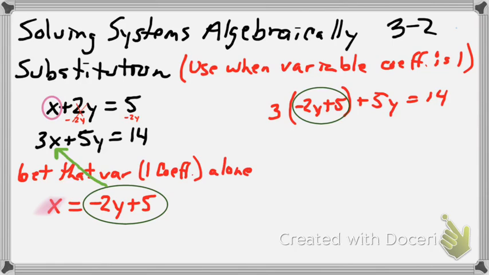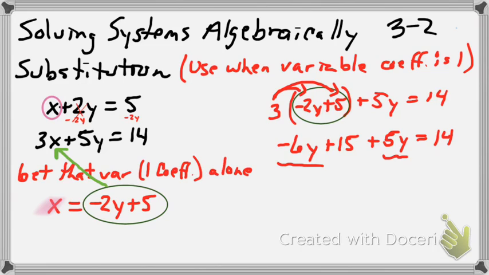So now we have to bring back our Algebra 1 skills or our Chapter 1 skills from this class and get that y by itself. So we're going to distribute the 3 and get negative 6y plus 15, all skills that you have. We're going to combine the y's.